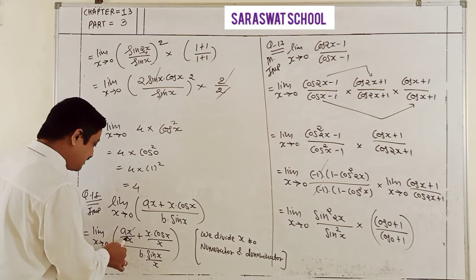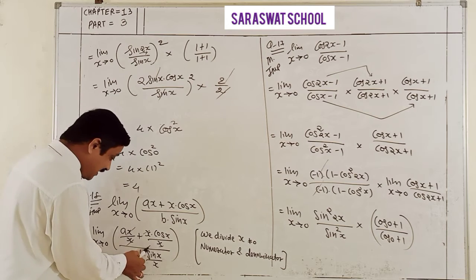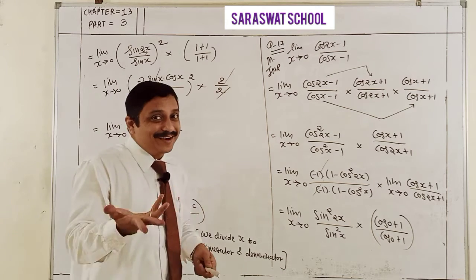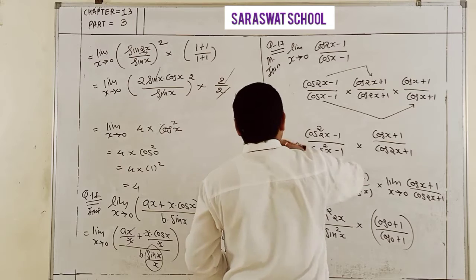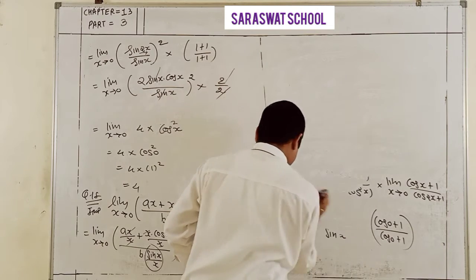Students, this x and this x cancel, this x and x also cancel, and sin x by x, that's my property, is only 1. Very easily your numerical is done here.